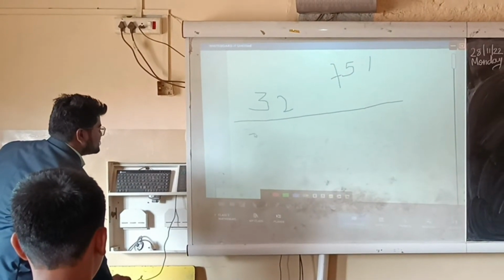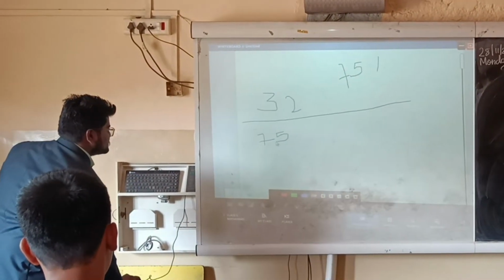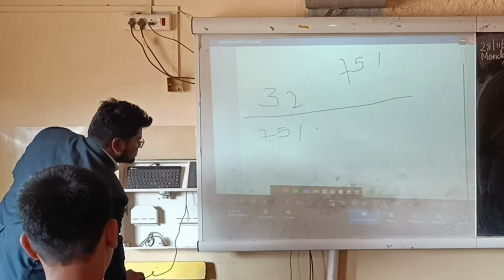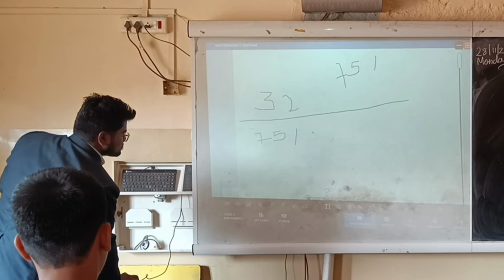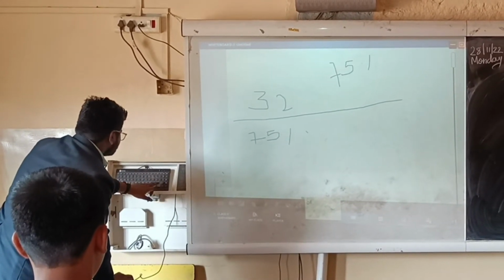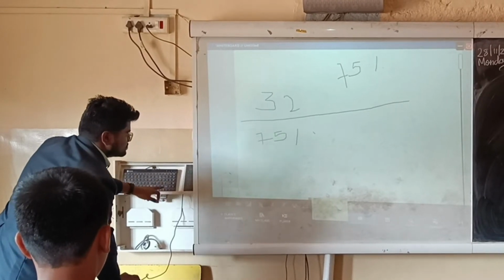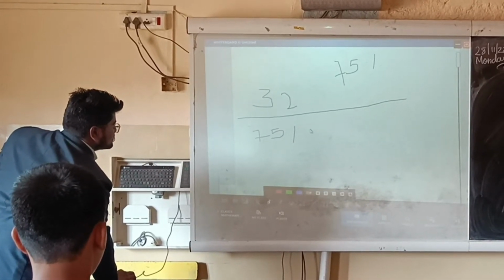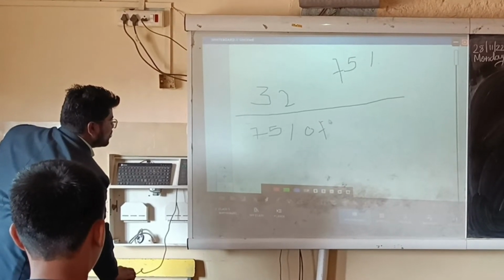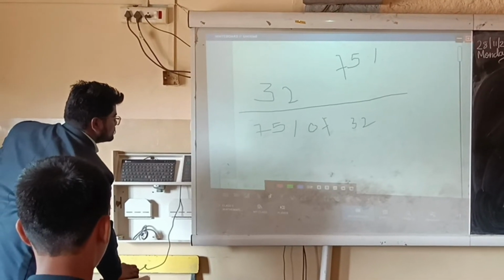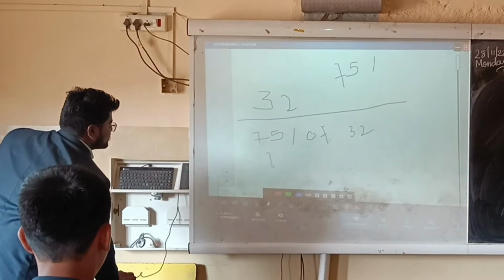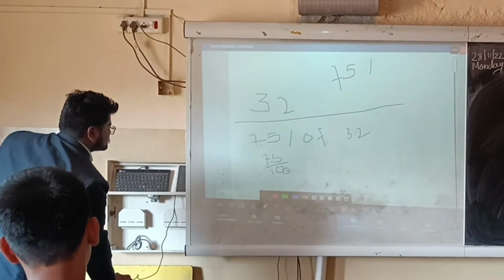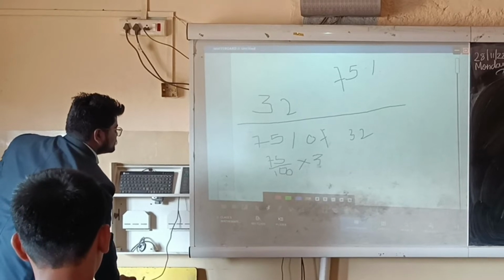We will write this as 75% of 32. 75% of 32 will be 75 upon 100 multiplied by 32, like I told you.